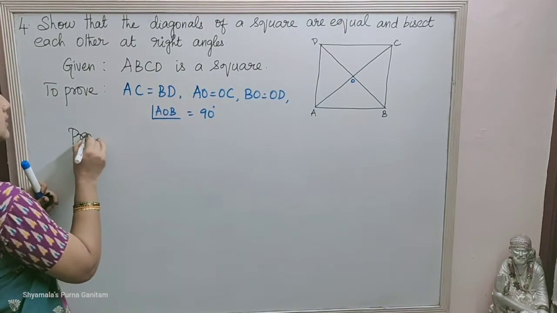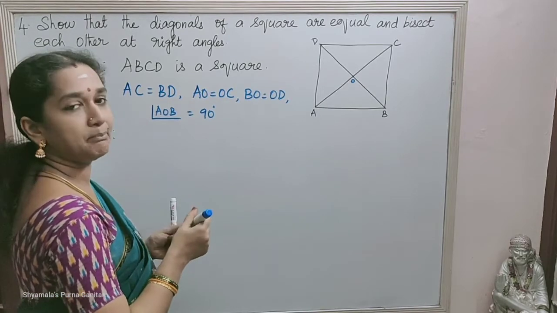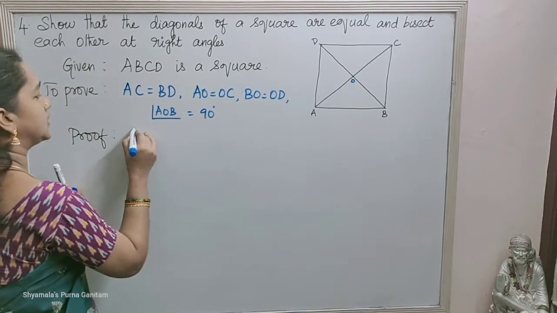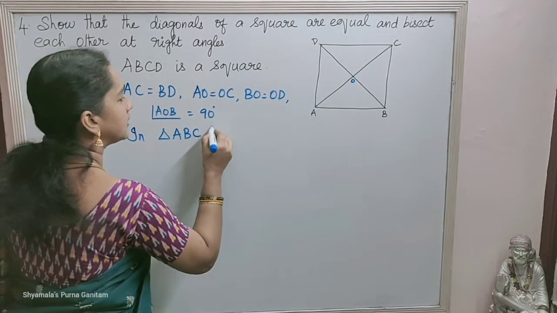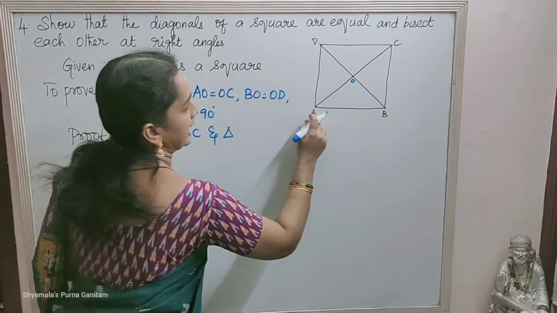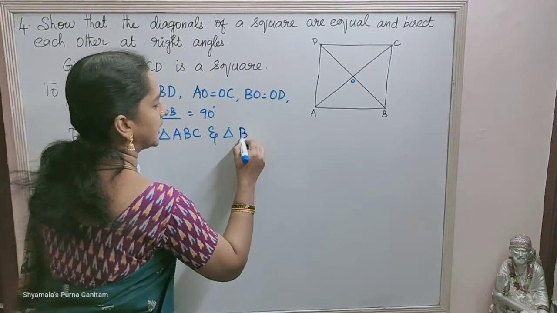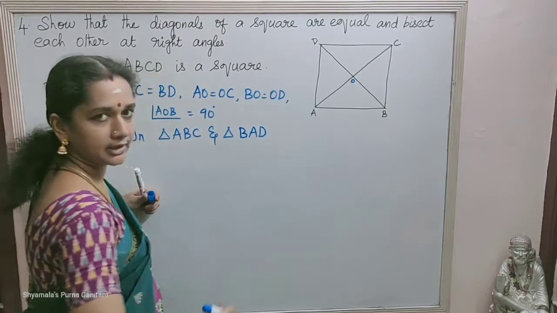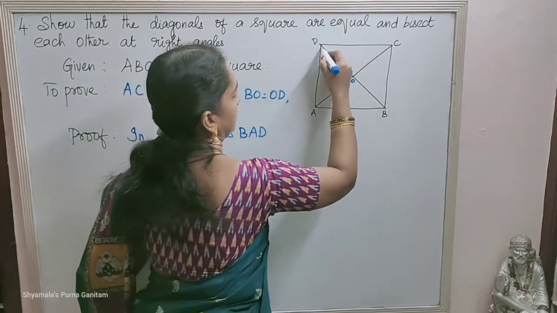So, the proof is, first we will take triangle ABC and triangle BAD.